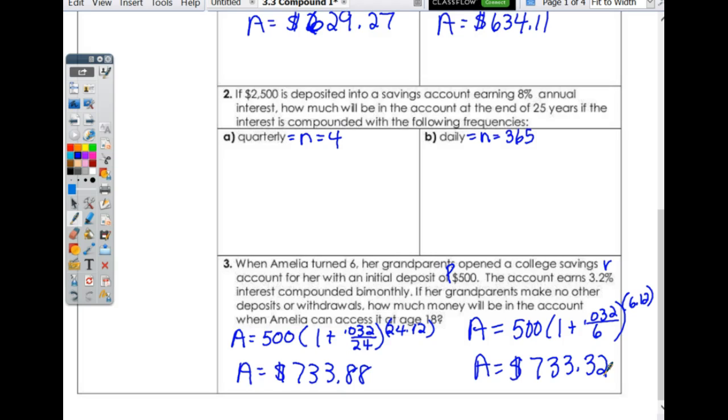Okay, so either one of them would be correct, because both of those are correct. Okay, next page.